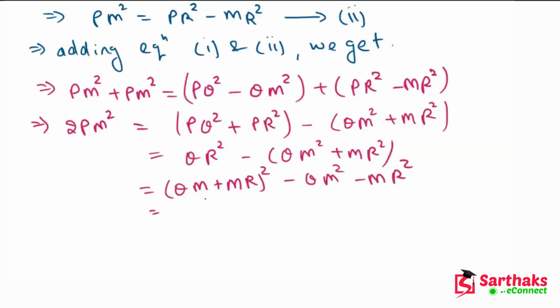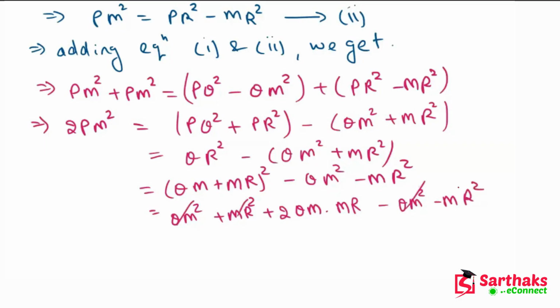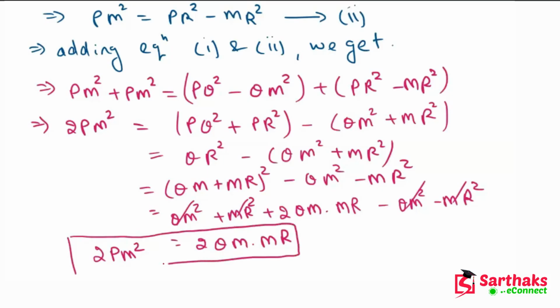Now if we expand this, we get qm square plus mr square plus twice of qm dot mr minus qm square minus mr square. Now qm square and mr square will be cancelled. Now we have twice of qm dot mr, and we have twice of pm square. So this is our required result, and we write hence proved.